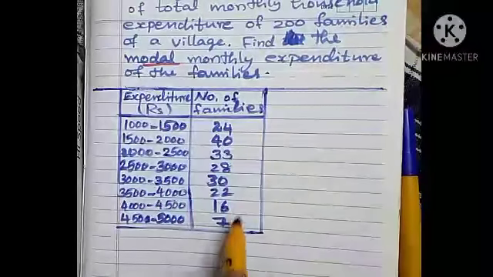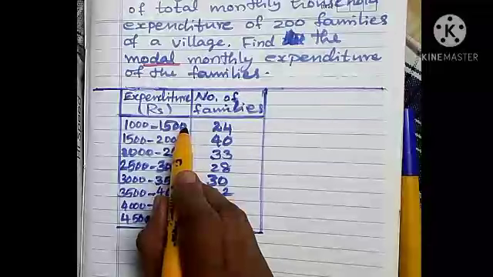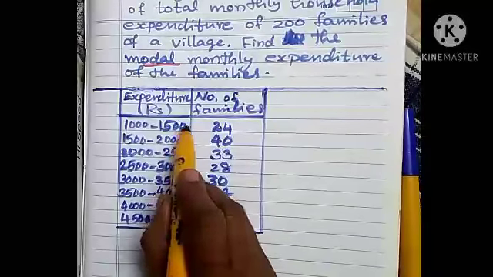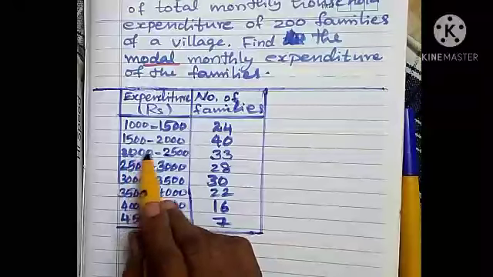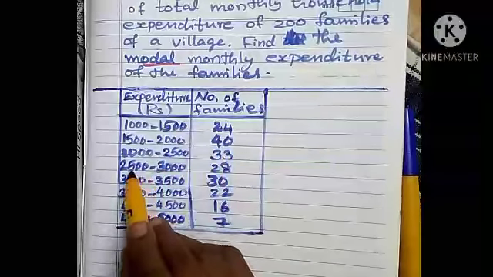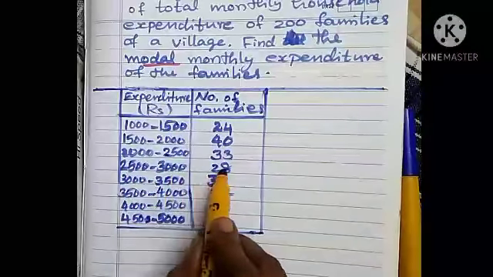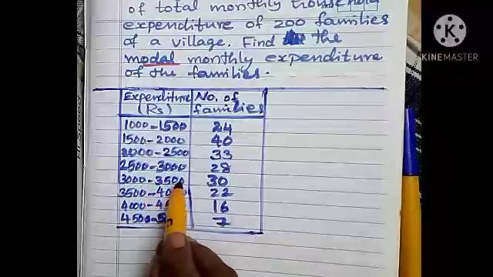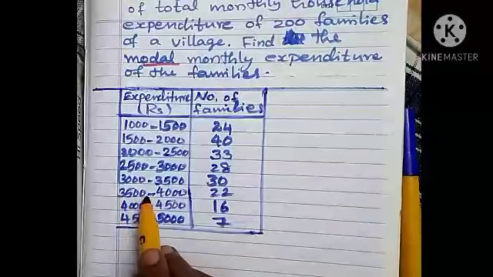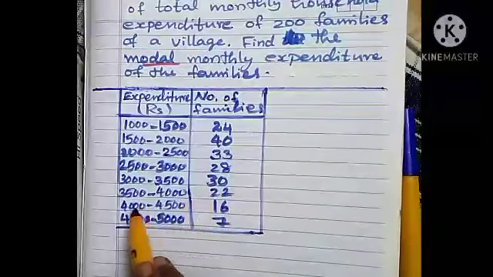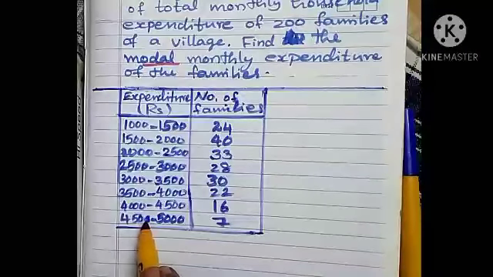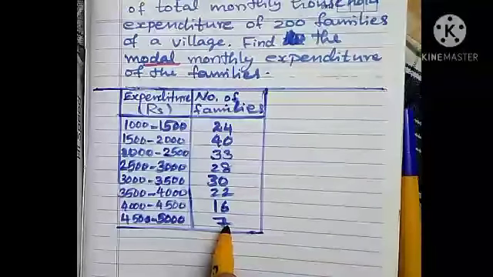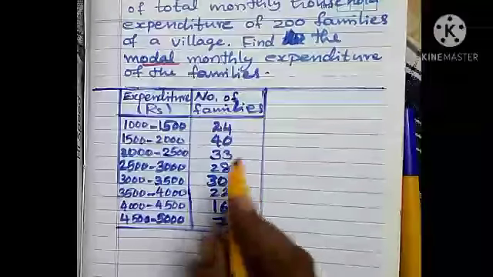Okay, so 1000 to 1500, that much rupees expenditure, 24 families. 1500 to 2000, 40; 2000 to 2500, 33; 2500 to 3000, 28; 3000 to 3500, 30; 3500 to 4000; 4000 to 4500, 16; 4500 to 5000. Understand? So that is the data given.